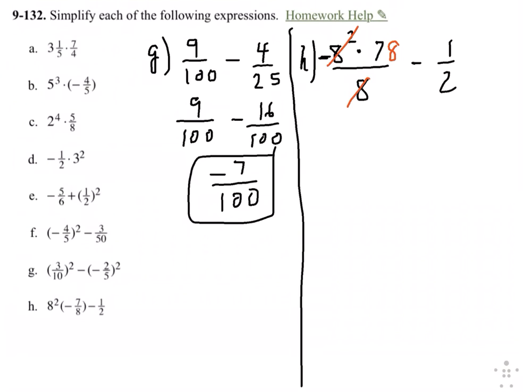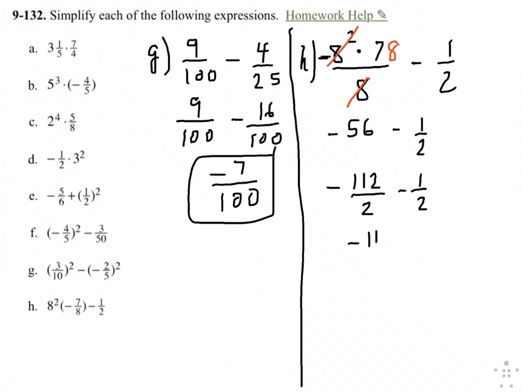So this is negative 56, 7 times 8, minus 1/2. So we need a common denominator. Or we could leave it as a mixed number, but let's get a common denominator. So 2. So that's negative 112 halves minus 1/2.